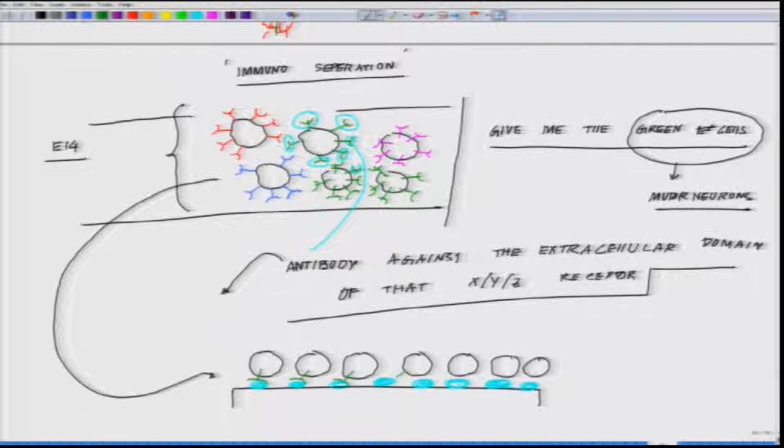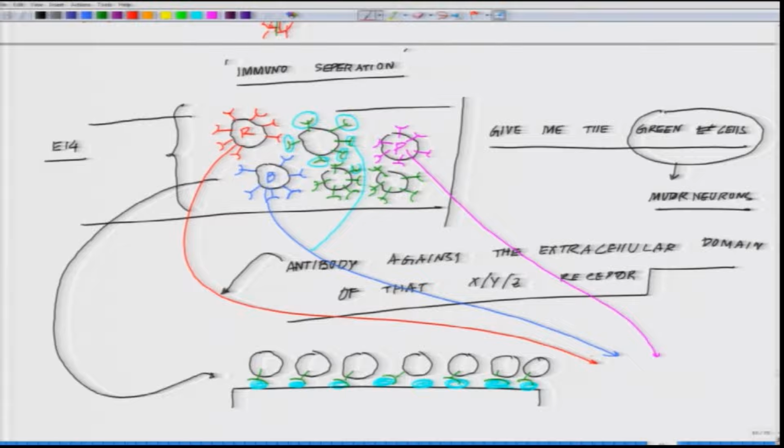And the other cells, which are the red cells, blue cells, pink cells, they all will be moved out because they do not have an attaching antibody to it. Right?